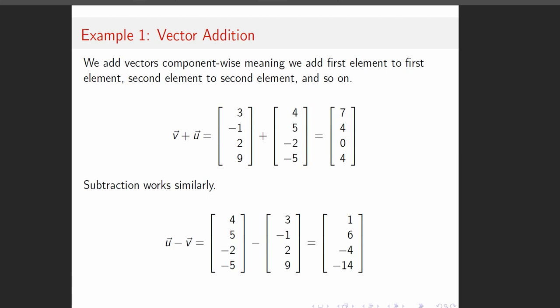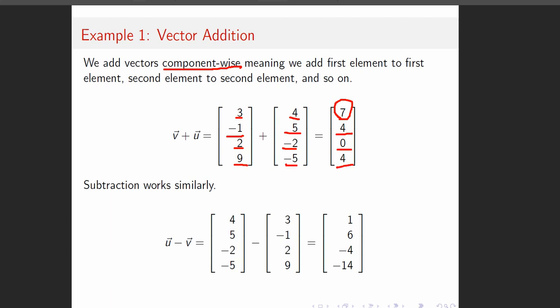Well, first thing to know is that vector addition and subtraction happens component-wise, which means I take the first component of V plus the first component of U, and that's going to be the first component of their sum. 3 plus 4 is 7. Then I take the second component and the second component, so -1 plus 5 is 4. And then 2 plus a -2 is 0. 9 plus a -5 is 4.